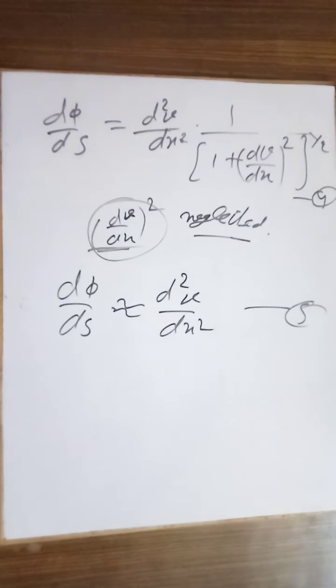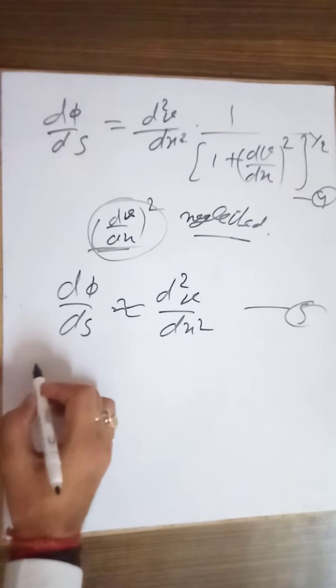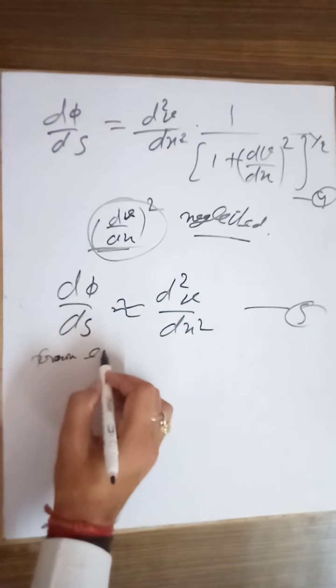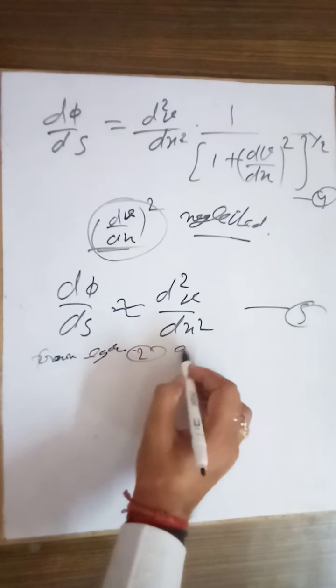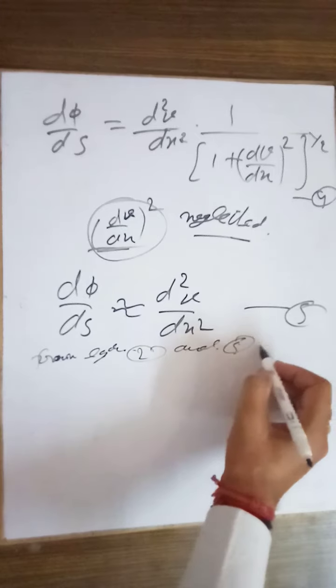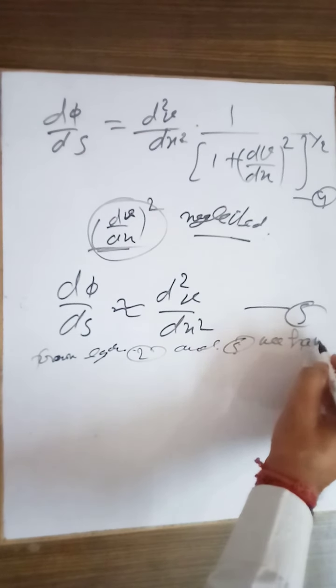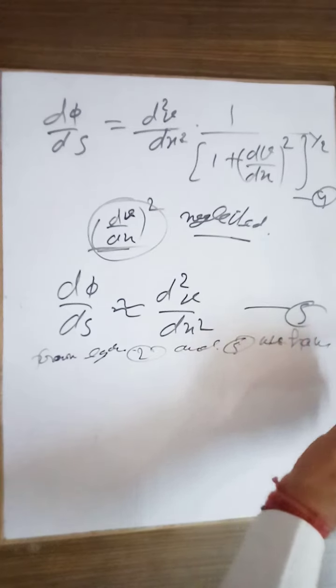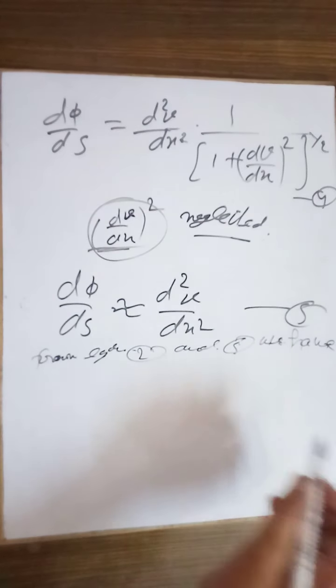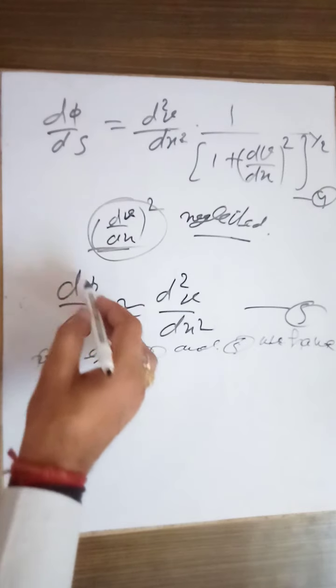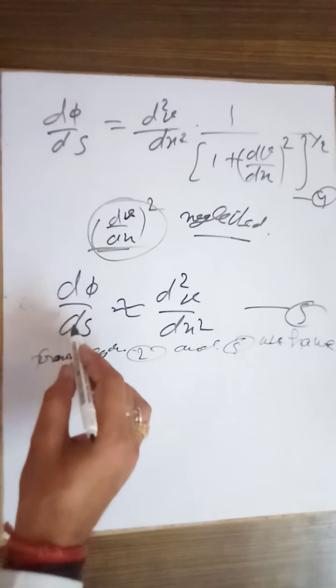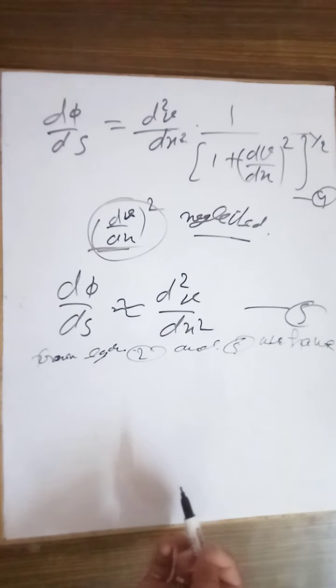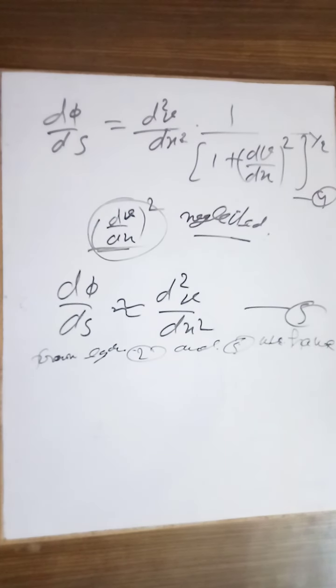So from equation number 2, where we used the term Mb over E Izz, from equation 2 and 5, we have the relation here: in place of d phi by ds, we can replace the value that was simply Mb over E Izz.